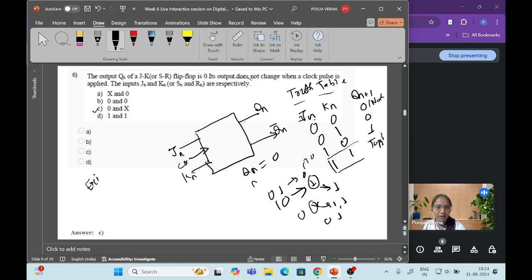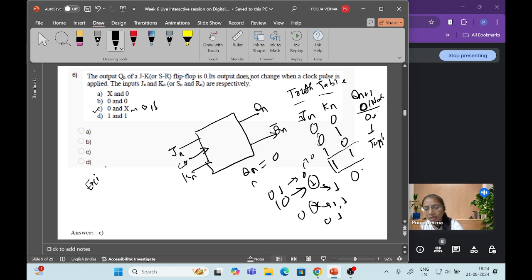In case of 0 0, there is no change, it is either 0 or 1. Or in the case of 0 1 also, the output is reset, 0. In case of 0 1, it is also 0, right? So the inputs are 0 and x, where x can be 0 or 1 also.